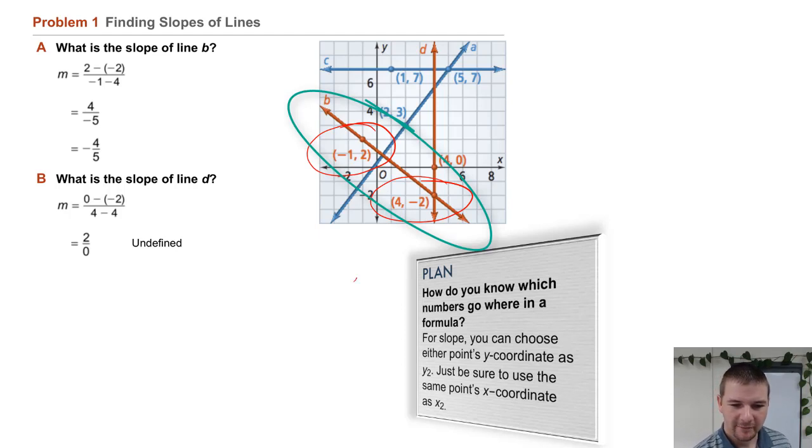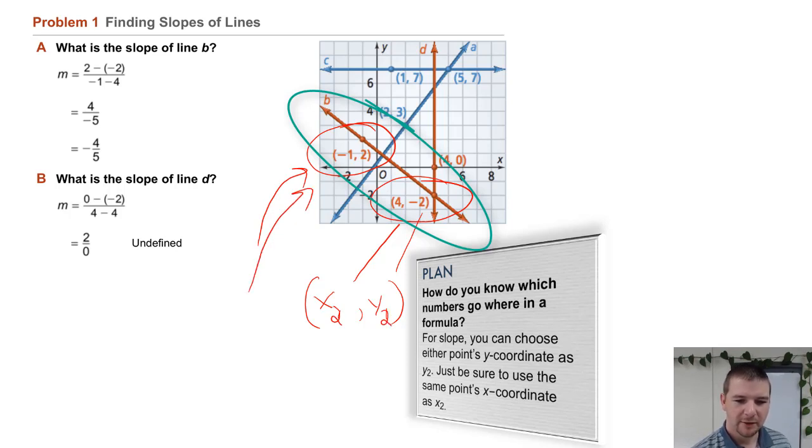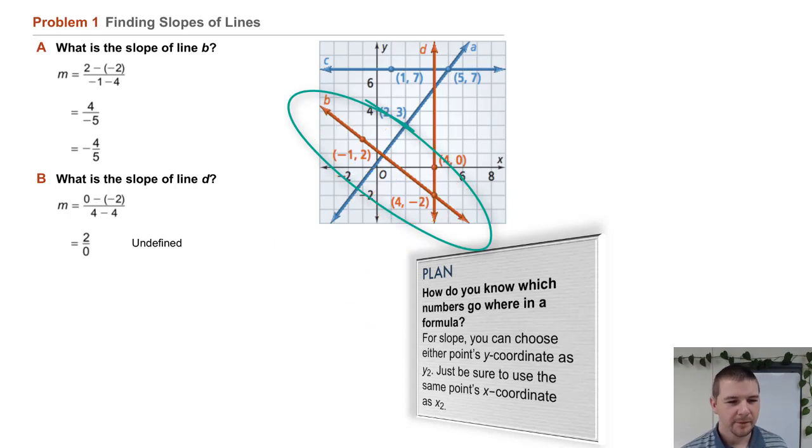So we could call 4 x1 and negative 2 y1, and then these would be x2 y2, or these could be x2 y2, and these other points would then be x1 and y1. In any case, we end up with 4 over negative 5, and so the slope is negative 4/5.